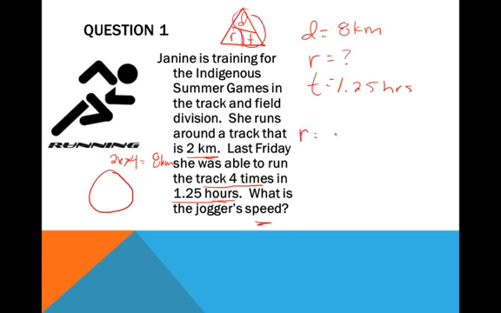So R is going to equal D over T. And 8 divided by 2.5 is going to give you 3.2 kilometers per hour. Watch your units here. Since there's a kilometer there and an hour here, it's kilometers per hour.